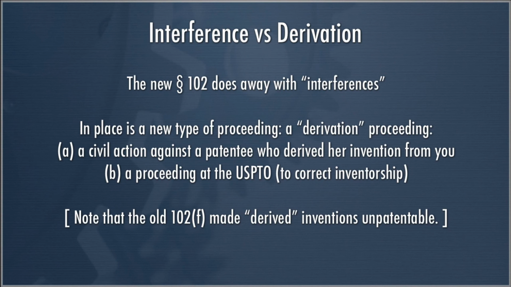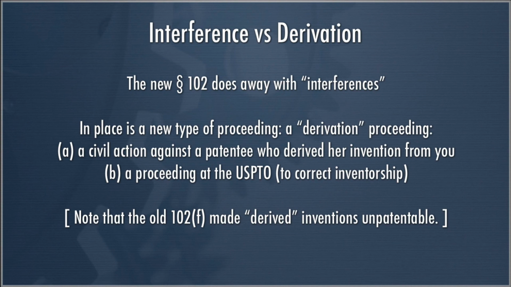So in a sense, this looks a little like an interference practice, right? Where there's a contest over who actually is the true inventor, but it's not about the date of inventorship.